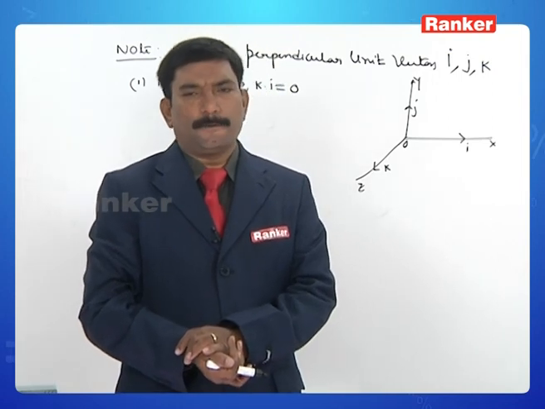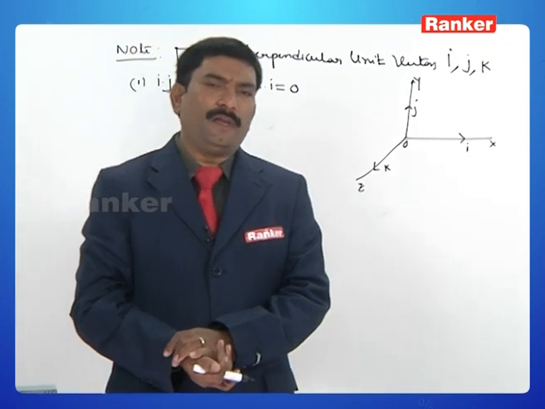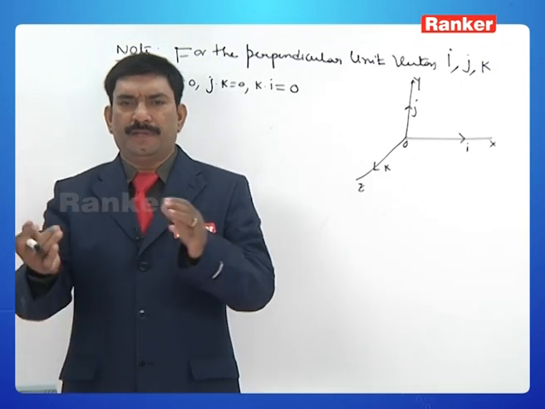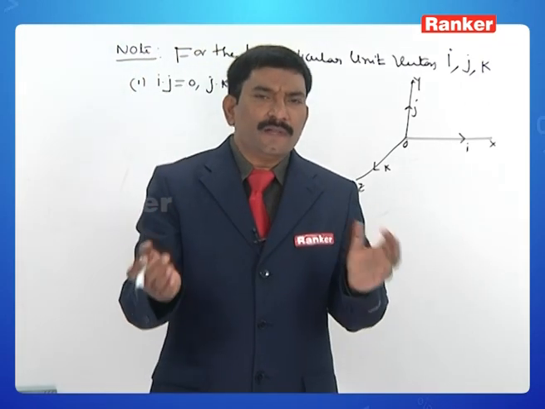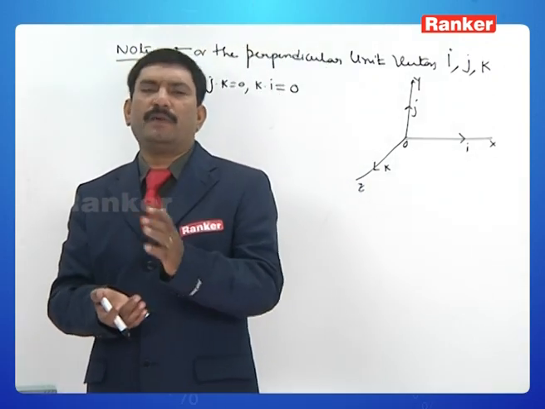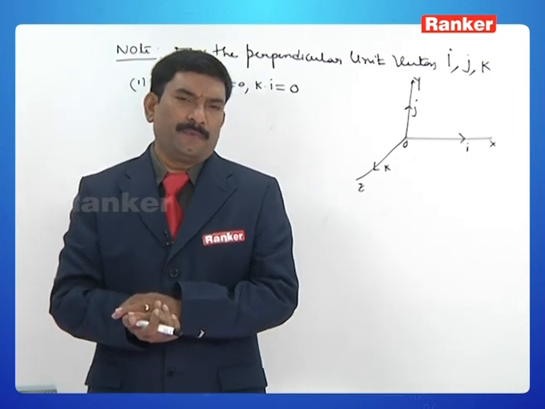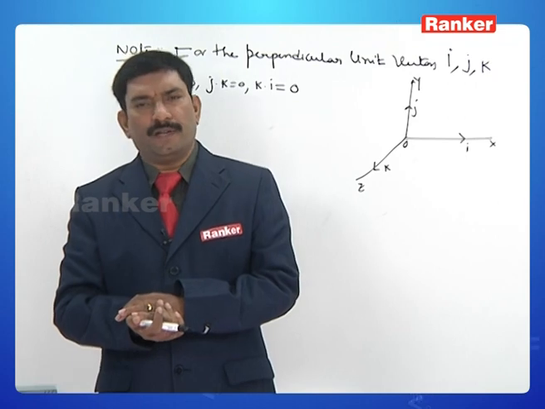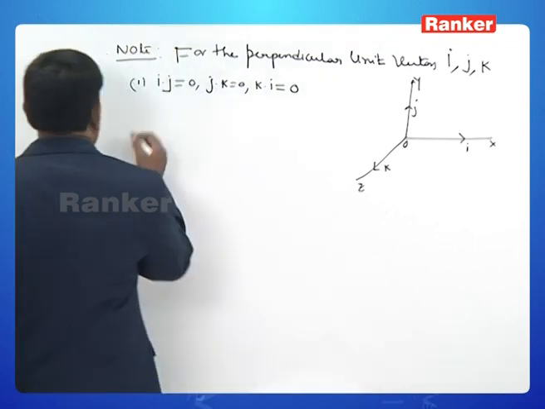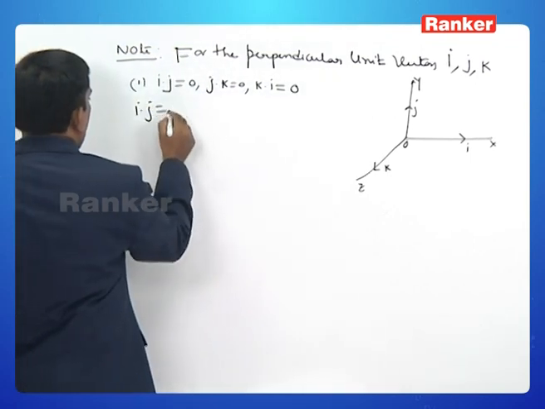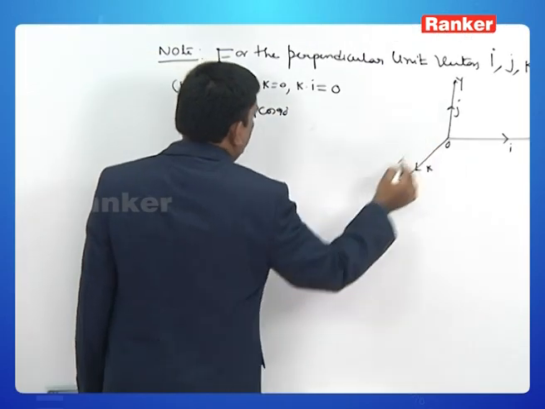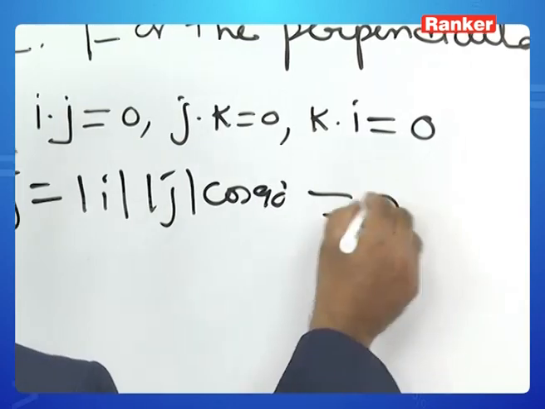We know that the angle between the x and y axis is 90 degrees. Similarly, the angle between i and j is also 90 degrees. It is quite obvious that the angle between y and z, and z and x, is also 90 degrees. Therefore, let us see how this is 0. i dot j is mod i mod j into cos 90. The angle between x and y axis is 90 degrees, therefore this becomes 0.